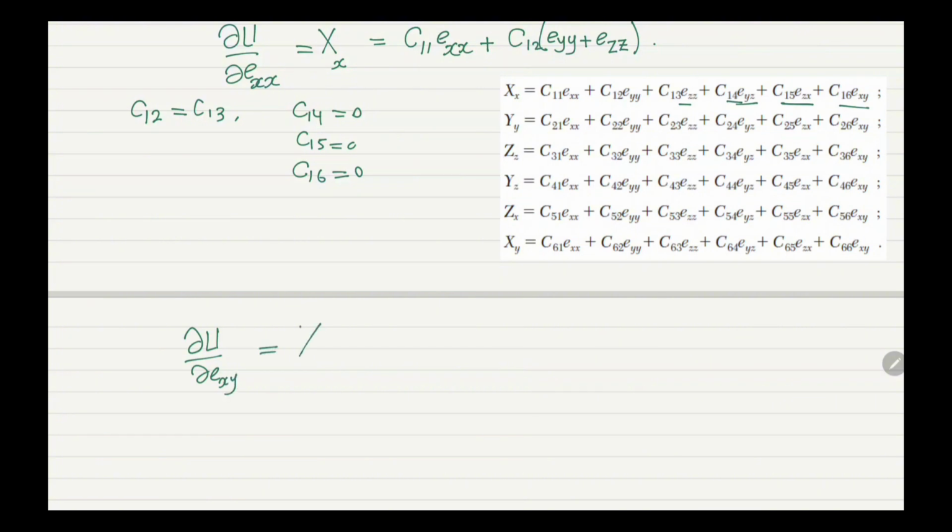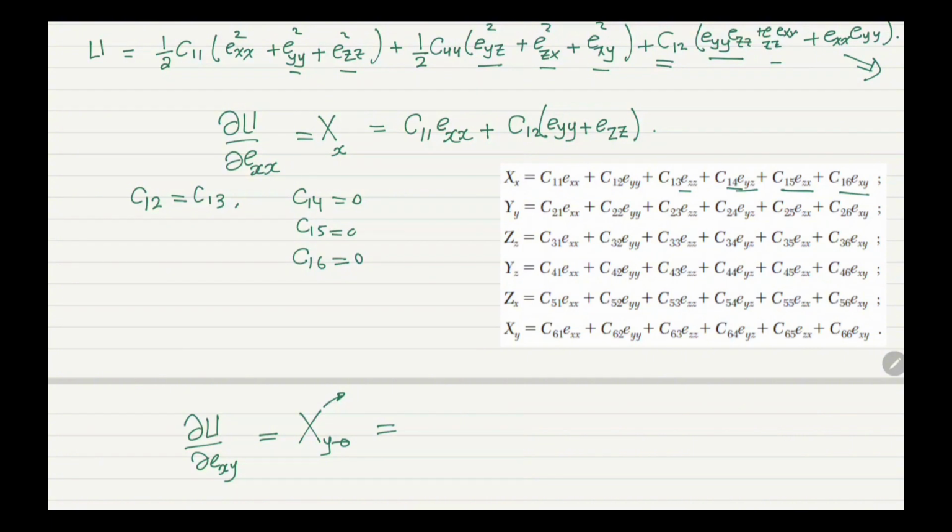Same procedure if we try to find partial U partial EXY, which in this case is σXY. Remember, the capital letter here is the force direction, and here it's perpendicular to the area. If we derive U with respect to EXY, these terms are equal to 0, so there is no C11 in this one, but in XY you will find it's equal to C44 EXY, and no other terms.